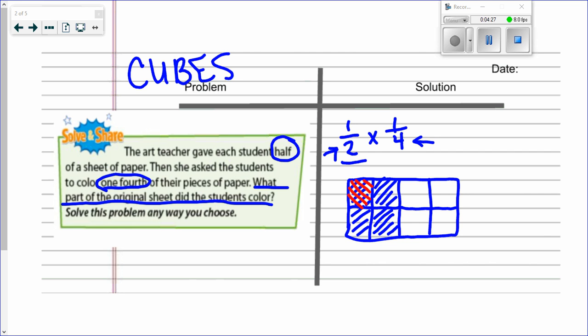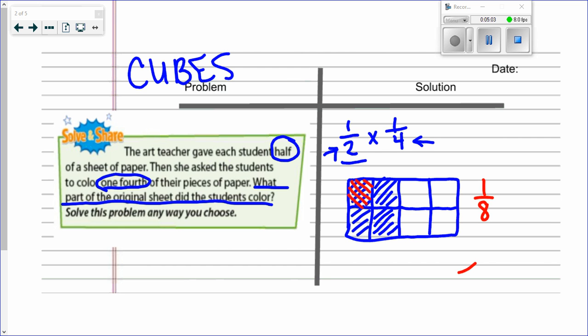Now, out of this total sheet of paper, which has 1, 2, 3, 4, 5, 6, 7, 8 pieces, I'm looking at this half, and I have 1 square, or 1/4 of this half, filled in. So I have 1 out of 8 parts of this whole paper filled in with both colors, the red and the blue. So this would mean I colored in 1/8 of the original sheet.